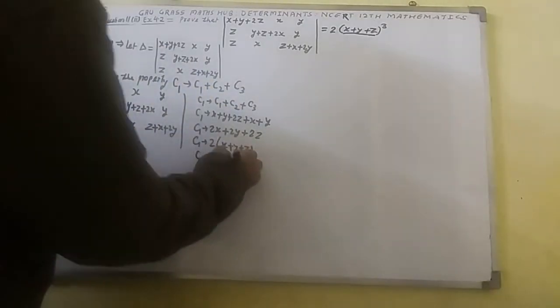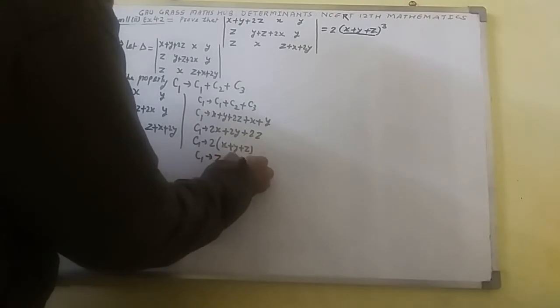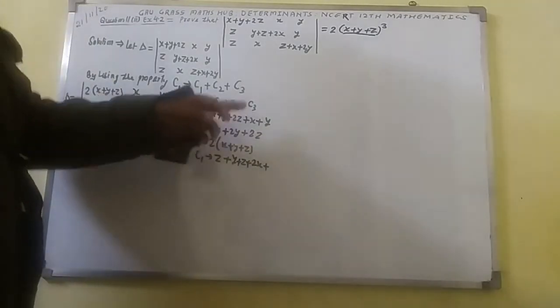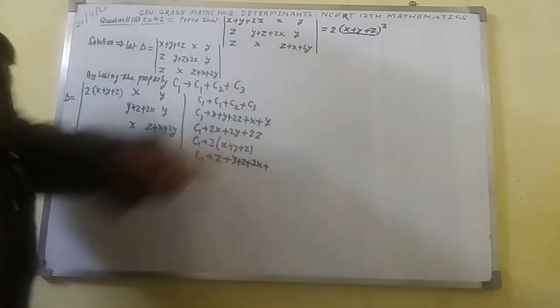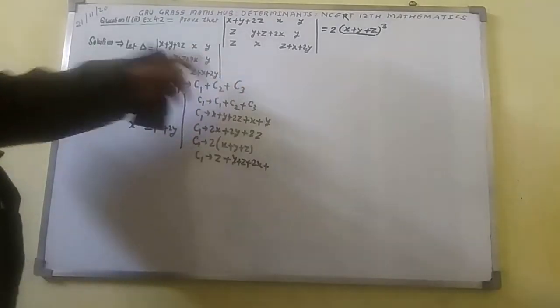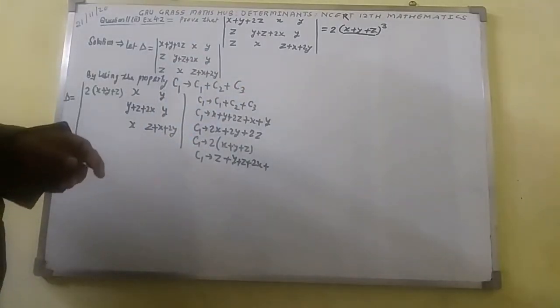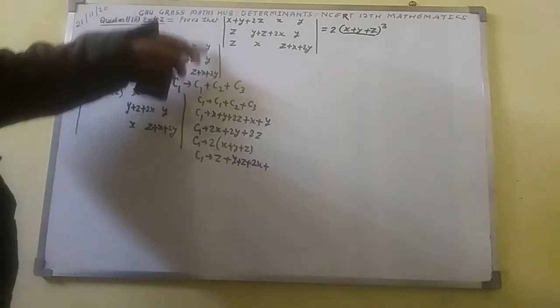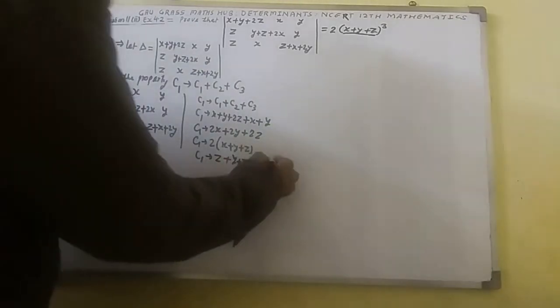So here write y plus z plus 2x. Plus. For C3 I shall refer to the third column. The corresponding element of z in the third column will be y. So here write y.